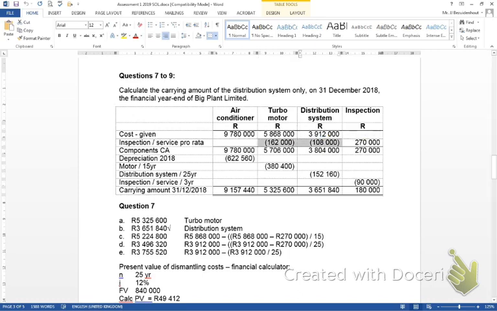So there you took out your amounts, and now once you've calculated your components, you can now go and write them down. And now you know that the turbo motor will be depreciated over the next 15 years. The distribution system will now be depreciated over the next 25 years, and the inspection or service will be allocated over the next 3 years.